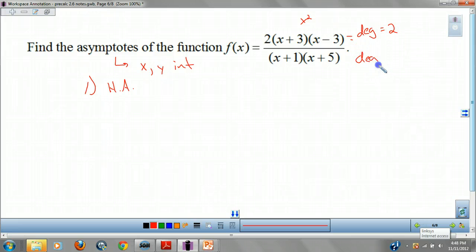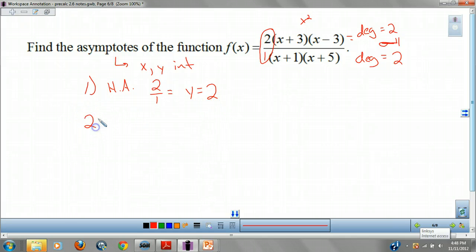My degree of my bottom, x times x is x squared, is 2. Now, if our degrees are equal, you take your leading coefficients, and that becomes your horizontal asymptote. So we look at this, I can throw a 1 in here because that's what's actually there. So my horizontal asymptote is just going to be 2 for 1, or y equals 2.